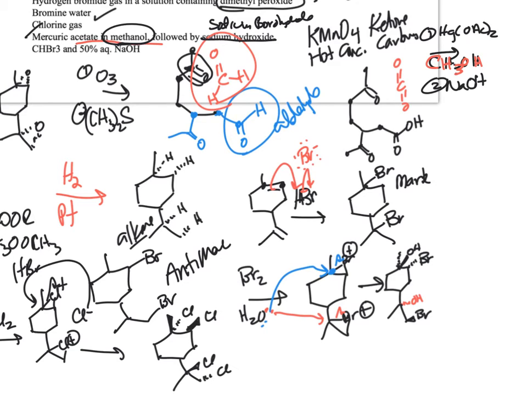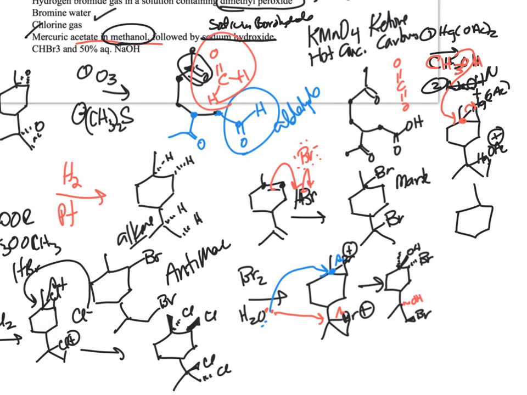Okay, so draw your mercurinium ion. So it's very good if you draw your intermediate first, and then you can have your nucleophile opening from the more hindered carbon. And then you can just go ahead and replace the mercury with sodium borohydride.